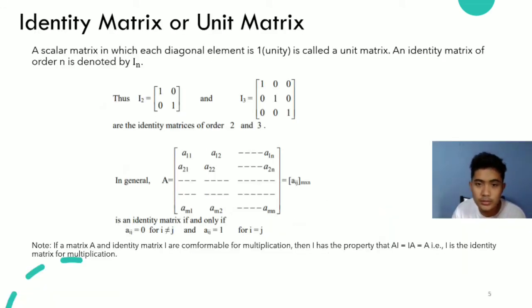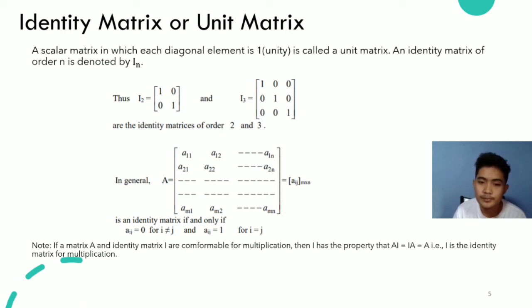And third, we get the identity matrix or unit matrix. A scalar matrix in which every diagonal element is one, unity, is called a unit matrix. An identity matrix of order n is denoted by En. Thus, E2 equals 1 0 0 1 and E3 is 1 0 0, 0 1 0, 0 0 1 are the identity matrices of order 2 and 3.